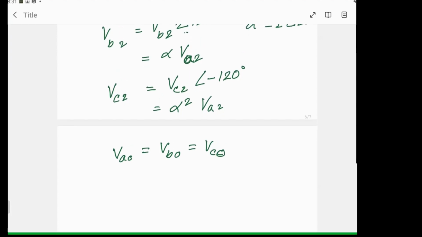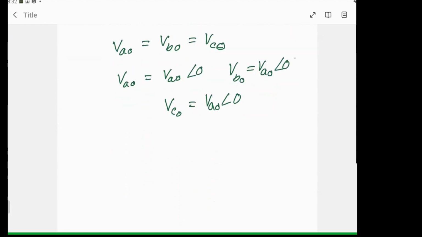So all the quantities are of the same angle. I can write VA0 is equal to VA0 at angle 0, VB0 equal to VA0 at angle 0, and VC0 is equal to VA0 at angle 0, the same.